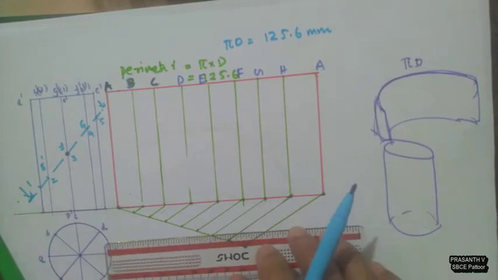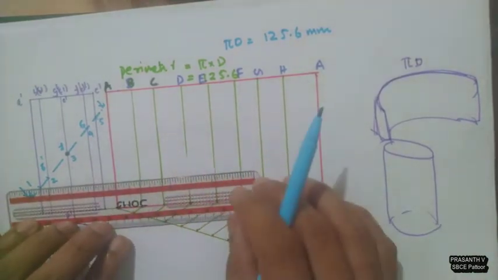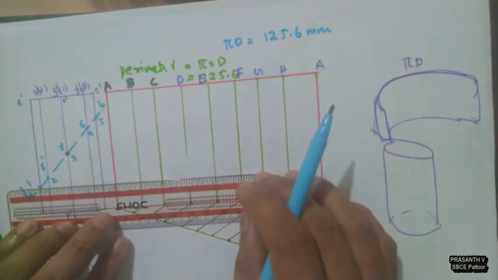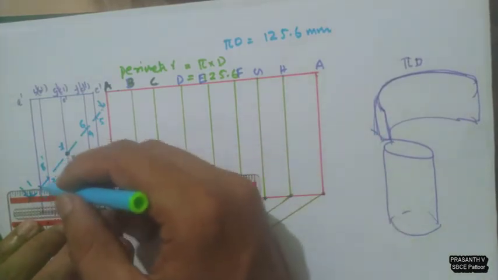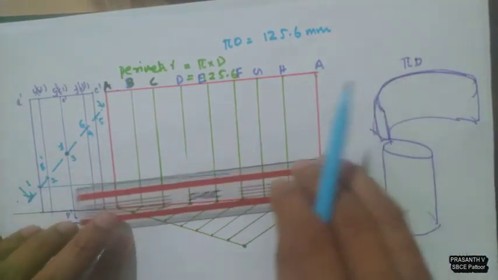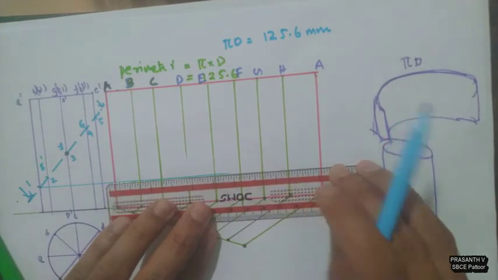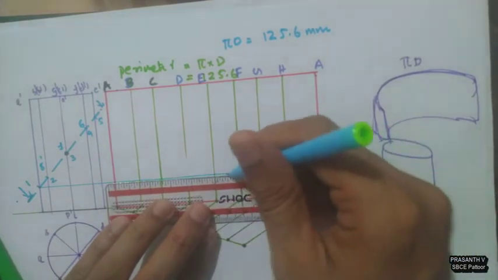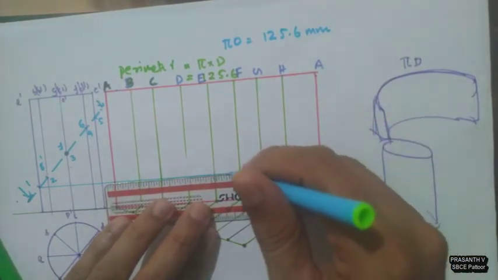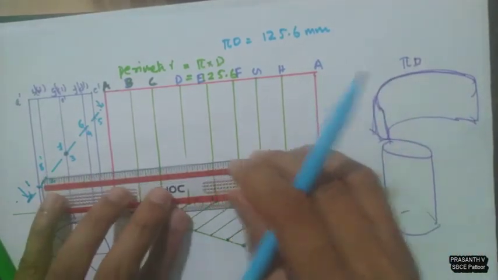And now we just transfer all these points to the corresponding generator lines. Draw the horizontal projectors as thin lines. Always remember, these are construction lines, so you should draw them as thin lines.